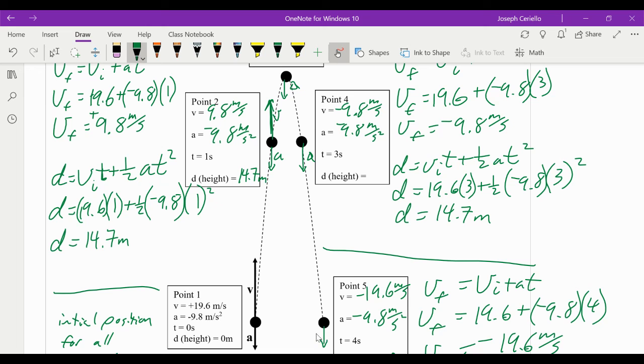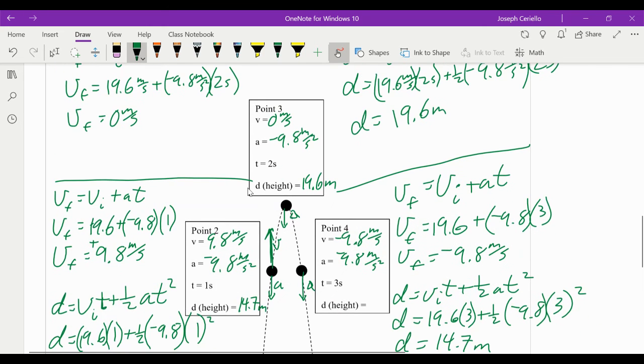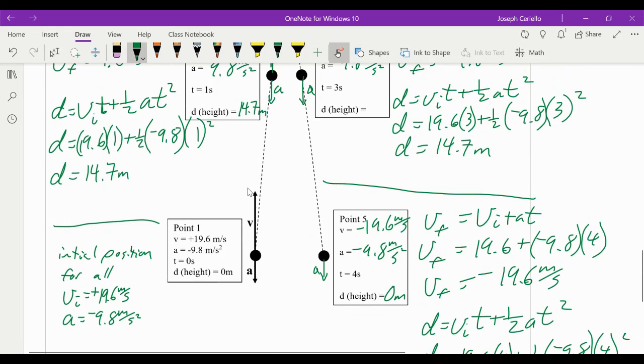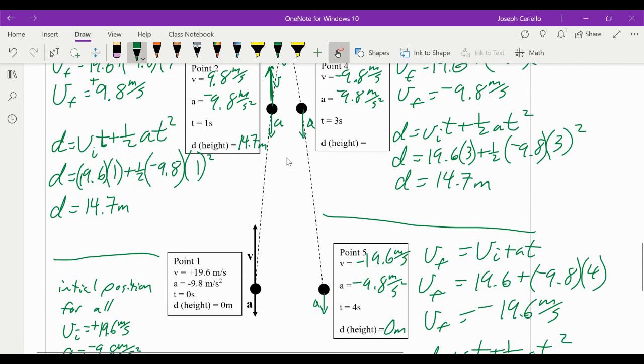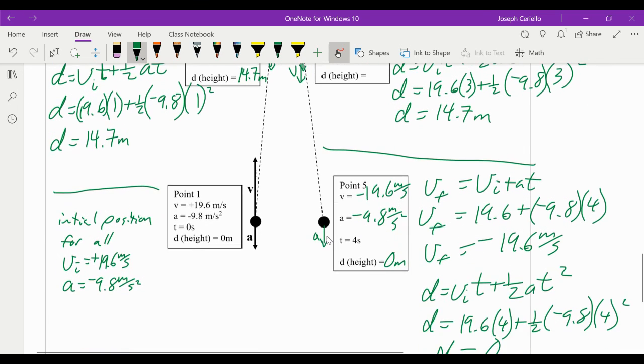And all those acceleration arrows should be about the same size. Now the velocity vectors I drew, velocity should be getting smaller on the way up and 0 at the top. Now on the way down, the velocity vector should be the same size but opposite directions. So this would be about the same size as the velocity vector across from it, but down. And here the velocity vector should be the same size as the one across from it, but much bigger, something like that.